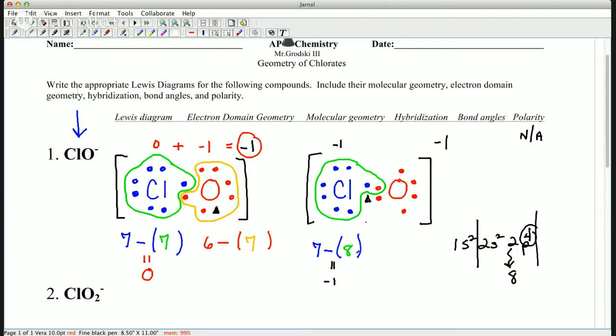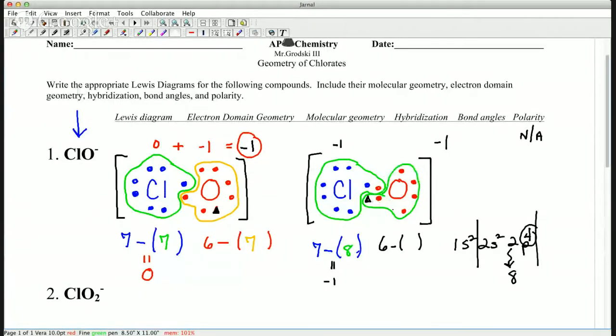Okay, oxygen starts out with 6 valence electrons. And we're going to subtract its assigned. All right, and what is its assigned? Well, it's going to be half its bonding, so right there, and all of the rest of its lone pairs.